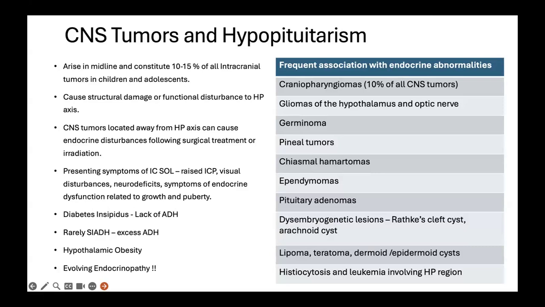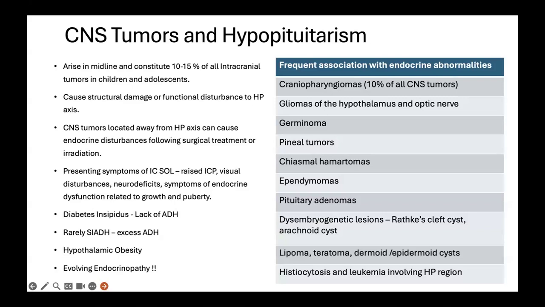Now, this endocrine dysfunction in CNS tumors is generally termed an evolving endocrinopathy. Many of the symptoms may be present way before the tumor presents itself, and many of them evolve as the child grows.